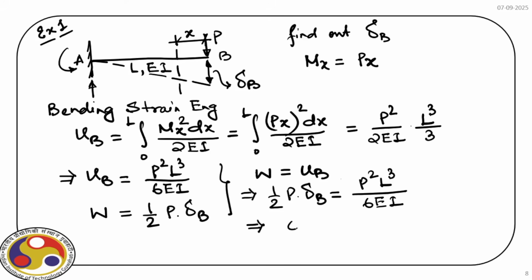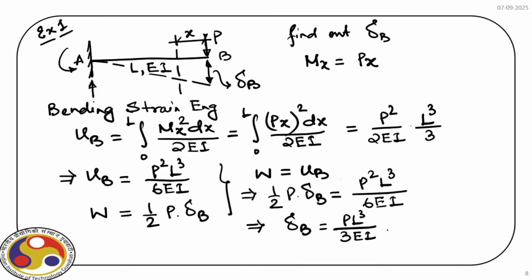So now we can solve delta B, which is P L cube divided by 3 EI.